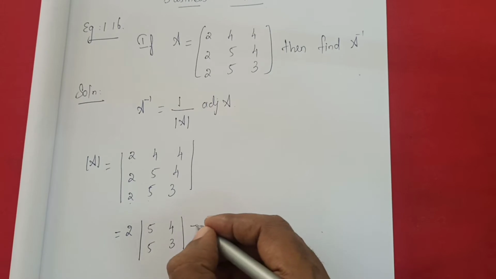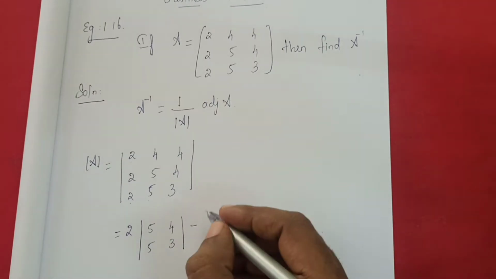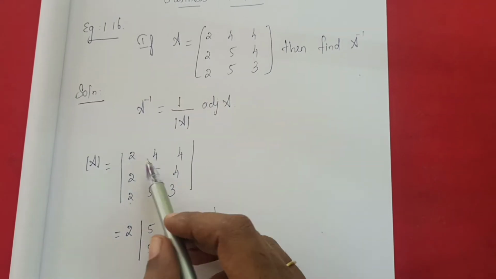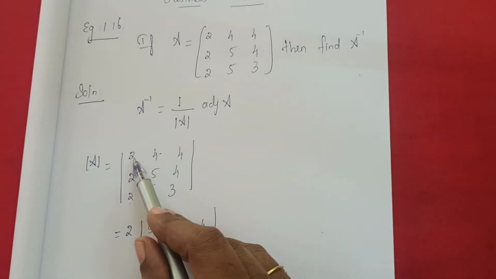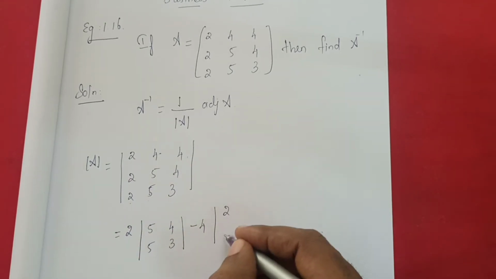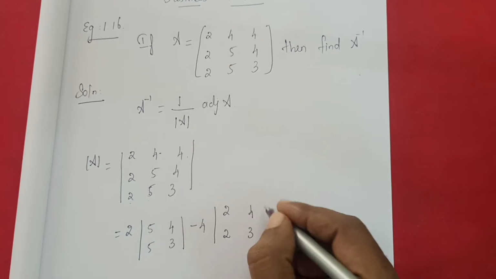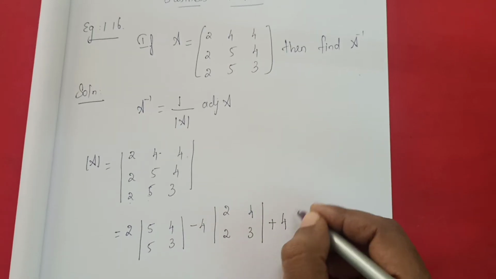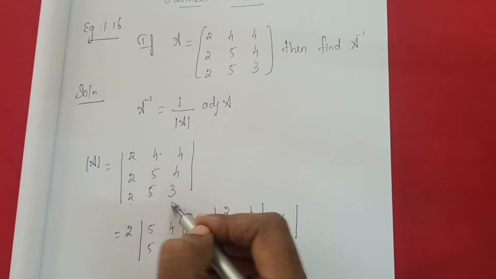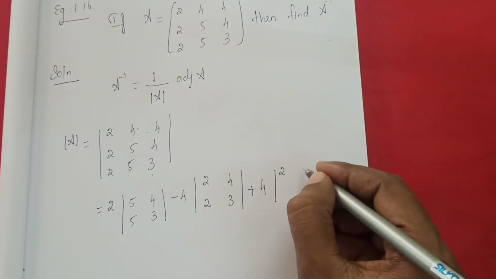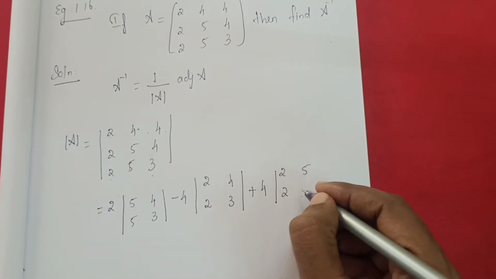Then minus, next must be minus, 4 into, this row and column will get cancelled, so 2, 4, 2, 3. Then next one the symbol will be plus, this particular row and column will cancel, so 2, 5, 2, 5.